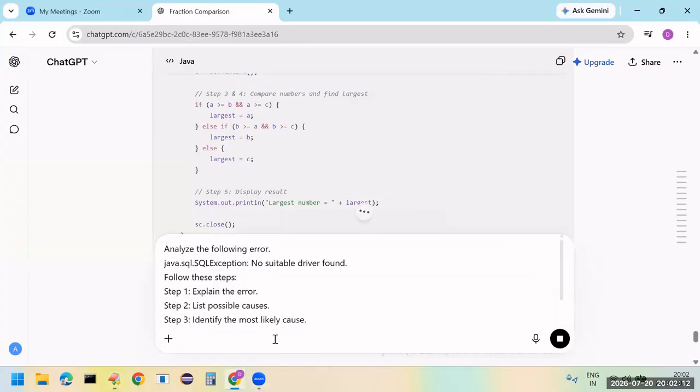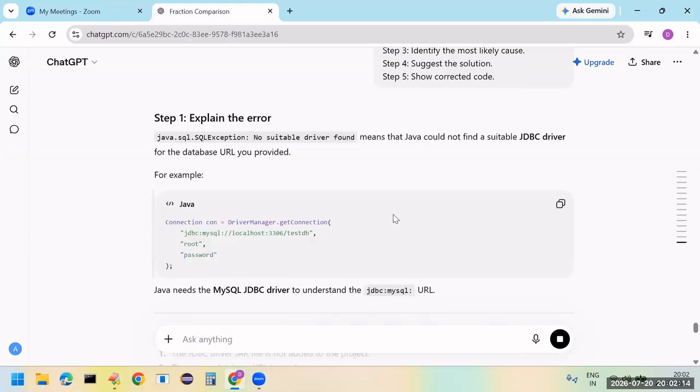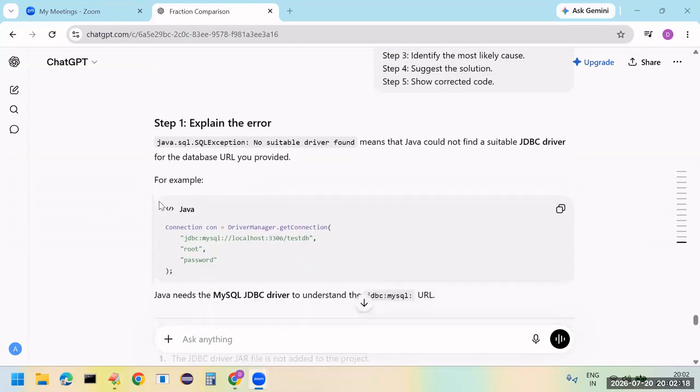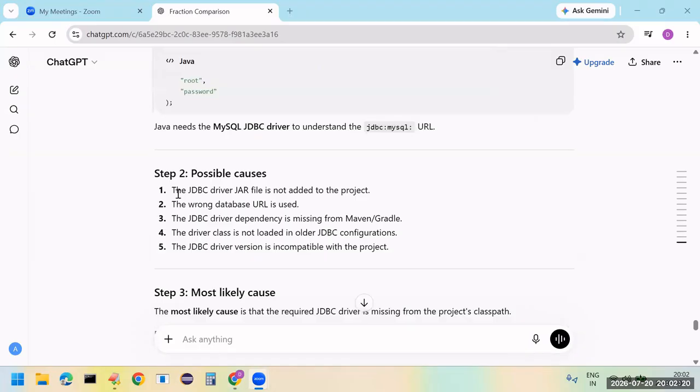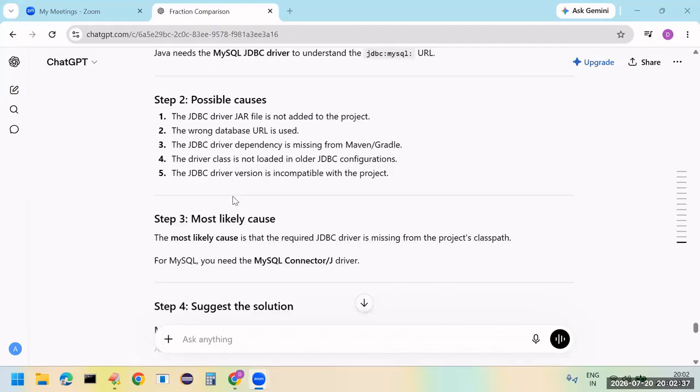Let us see. Sir, explain the error. Why are we getting this? Possible causes: the JDBC driver jar file is not added to the project, wrong database URL, JDBC driver dependency is missing, the driver class is not loaded, JDBC driver version is incompatible with the project, and so on.